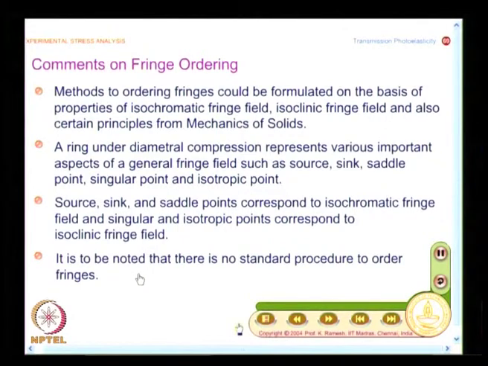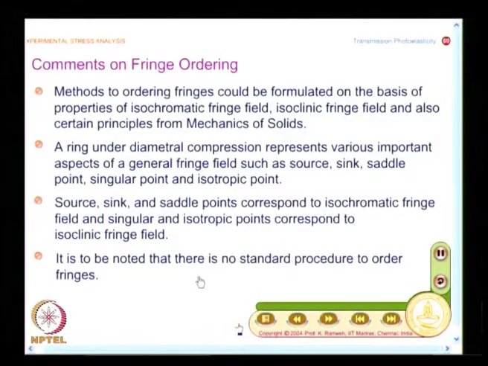It is to be noted that there is no standard procedure to order the fringes. These are only guidelines, and it is better that you look at the problem, approach in one fashion and order the fringes, then verify this by another approach. So, I am giving you more than one method to arrive at the fringe order.